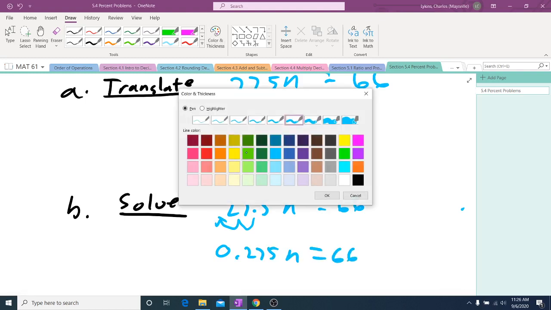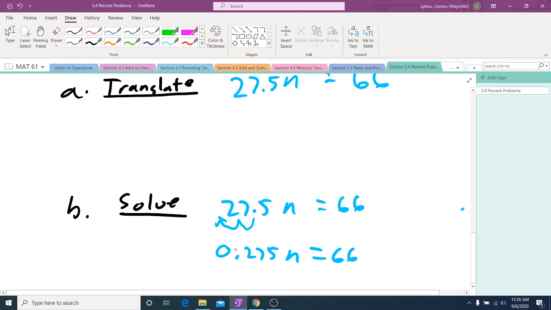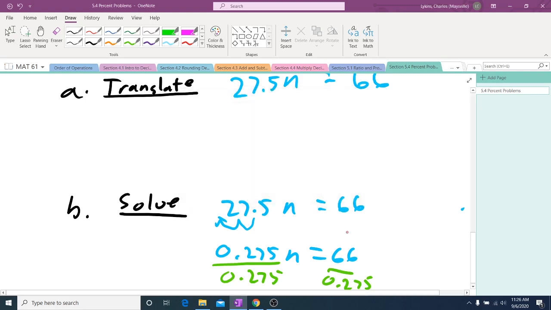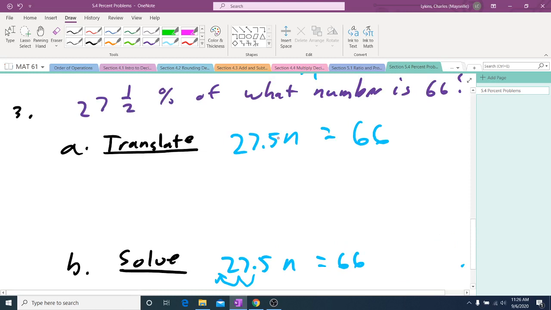Then I want to divide by 0.275. My answer comes out to be 240. So up here, so you're not confused, really that's like saying 27.5% at the translation part.